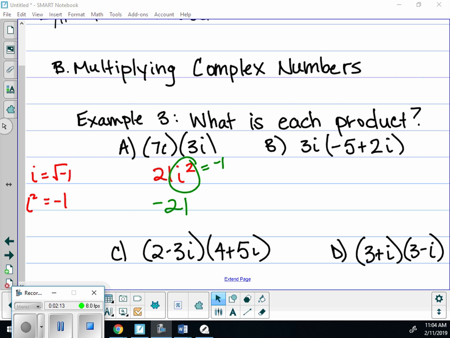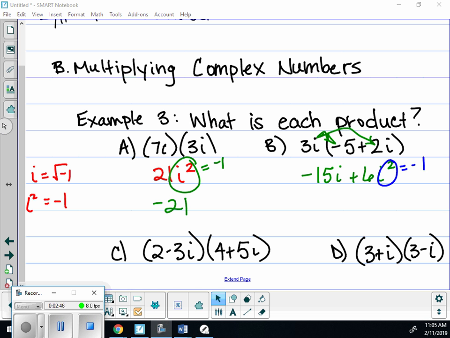Part B, we would distribute. So 3i times -5 is -15i. 3i times 2i. 3 times 2 is 6. i times i is i squared. i squared equals -1.